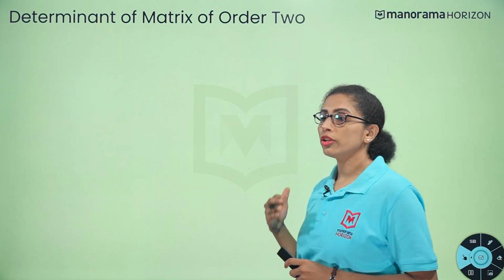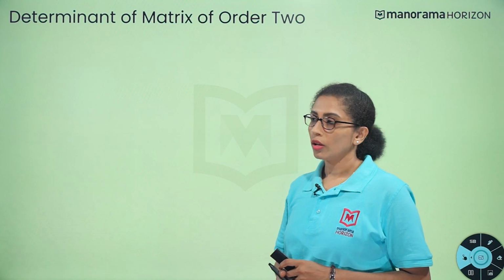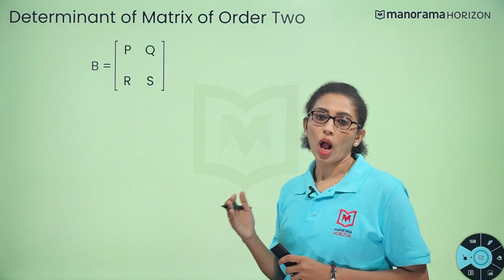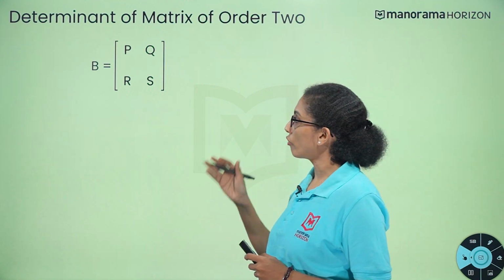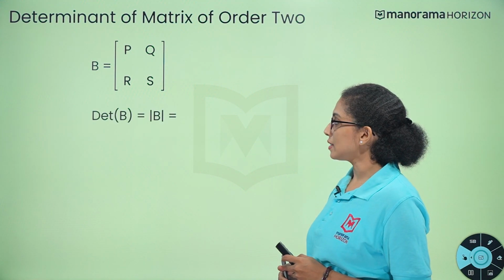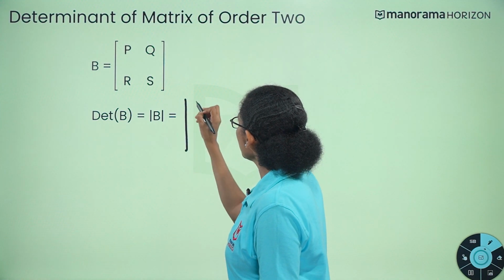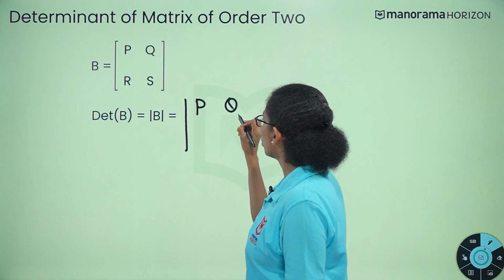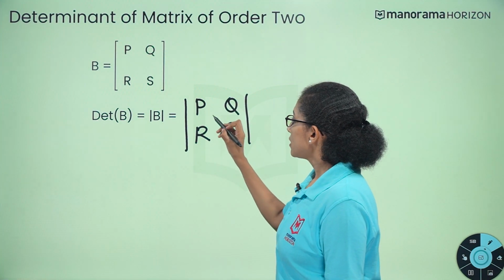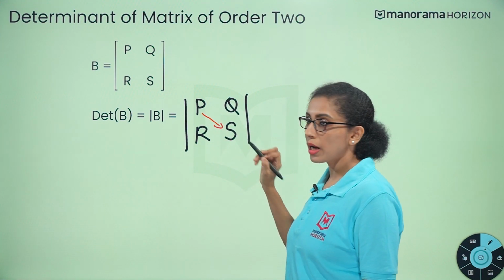Now, we shall move on to find the determinant of a matrix of order 2. Let matrix B equal P, Q, R, S be a matrix of order 2. The determinant of a matrix is defined as determinant of B is equal to determinant P, Q, R, S. So, start with the first element, go diagonally, multiply the elements.